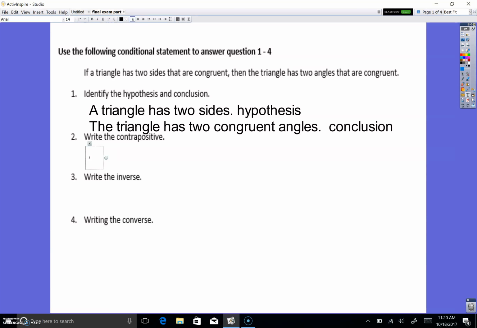And the contrapositive, you switch the hypothesis and conclusion, and you put not into it. Okay, so the contrapositive, remember, not and switch, okay?